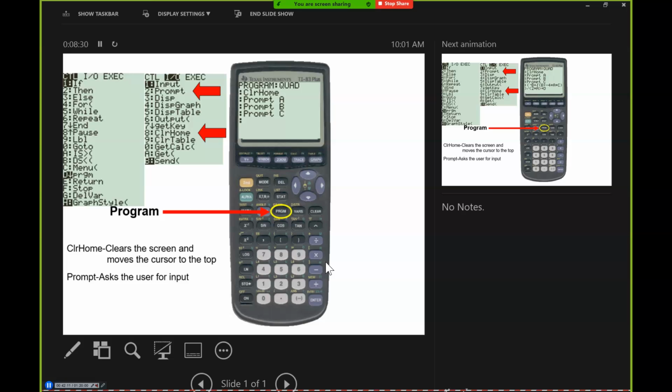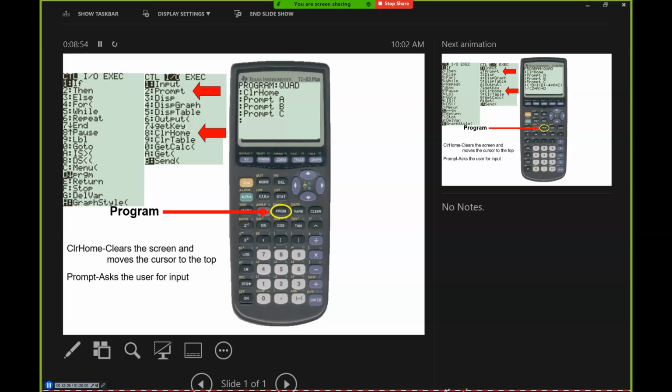Everybody's okay? What we're going to do now is type in the quadratic formula. Now the quadratic formula has a plus or minus in there, right? You can't do a plus or minus on your calculator, so we're going to have to do 2 versions of the formula separately. The first version is going to have the plus sign here.